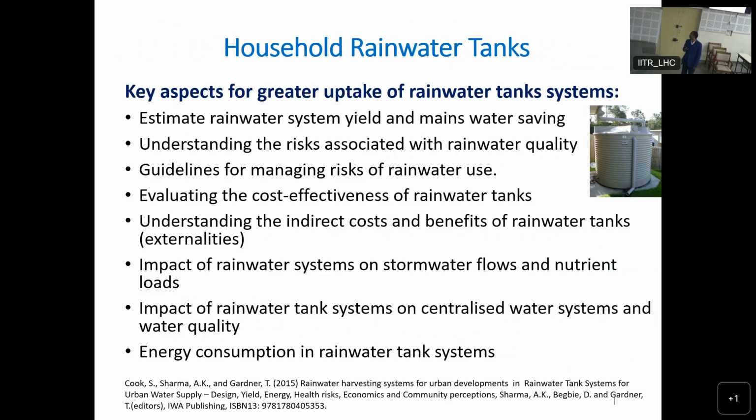Understanding that is associated with rainwater quality. What is the quality of water, that is also a risk. We also check the guidelines for managing the risk of rainwater use. So what are the guidelines for managing the rainwater? We have to follow that.